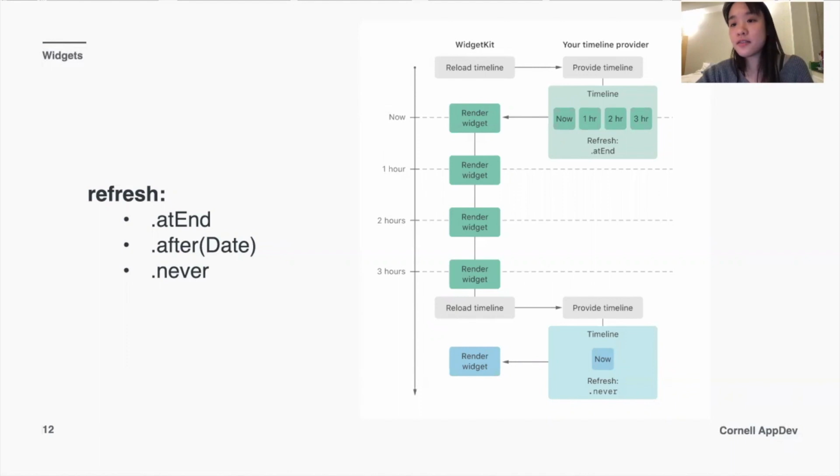Once all the list elements are used up, it will refresh with the dot at end, or it will refresh if you give it a date, if you use dot after, or it'll just never refresh. This refresh is telling it when it should retrieve a new timeline. So it'll just keep cycling back and forth between getting a new timeline and updating the widget until it's told not to get a new timeline.